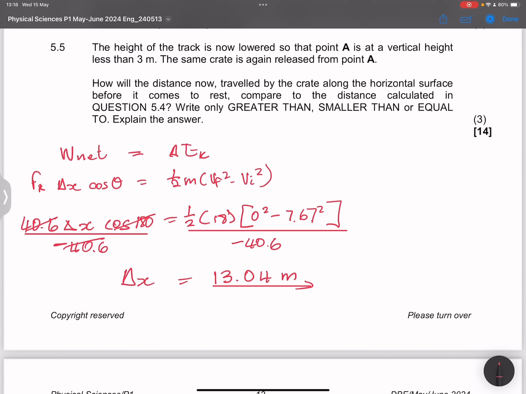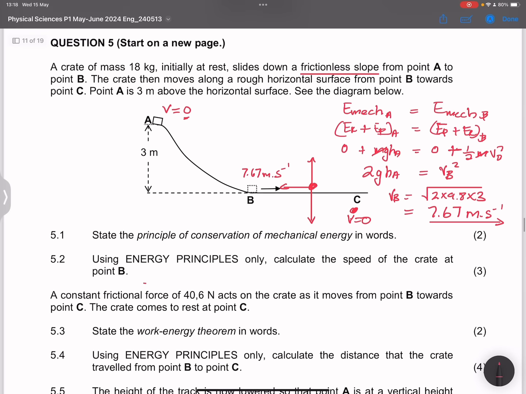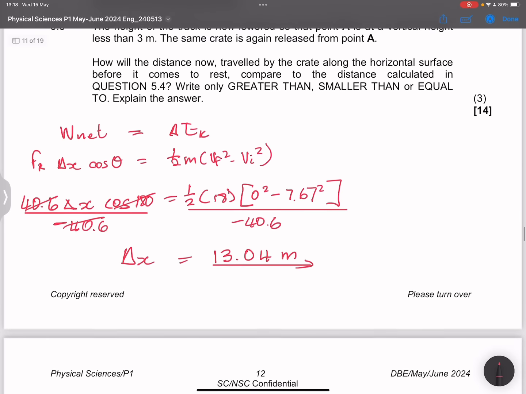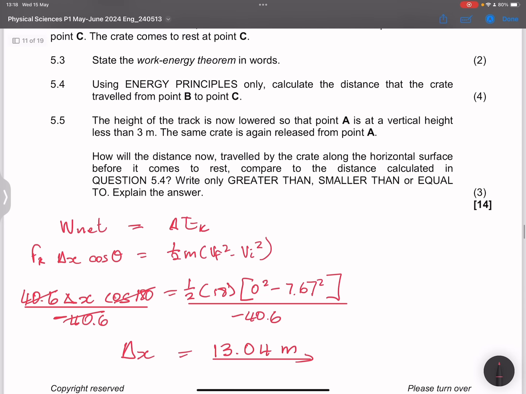Okay, so the distance that it will take for that crate to stop will actually be 13.04. I hope that that makes sense, ladies and gents.